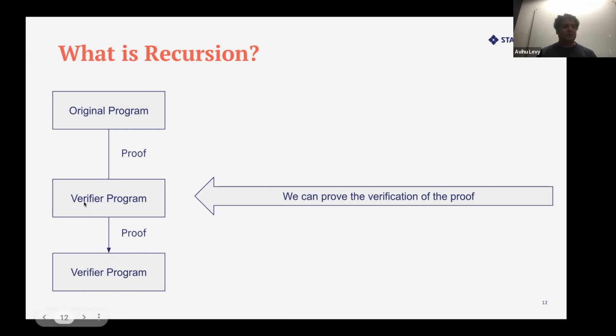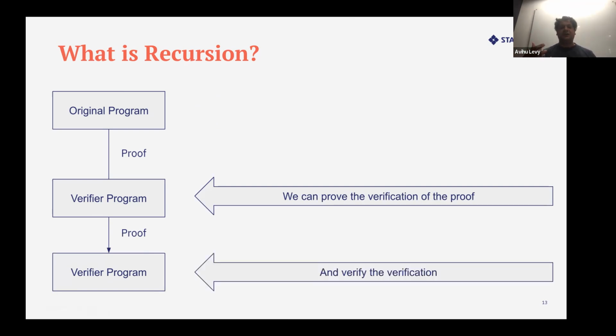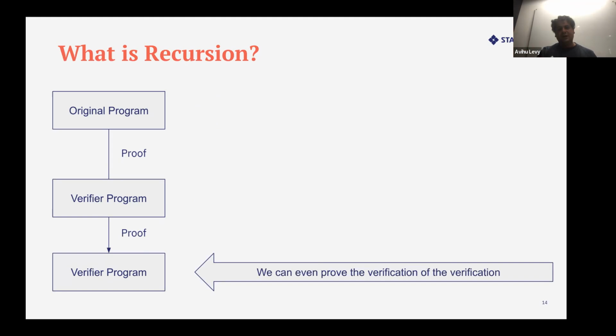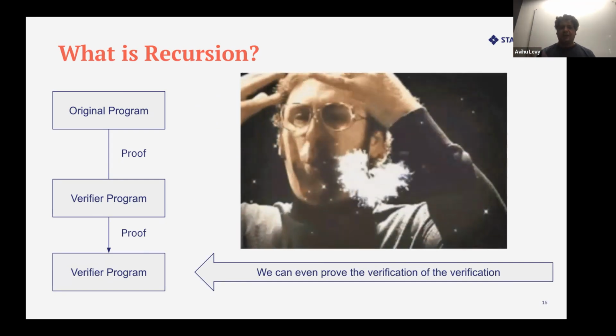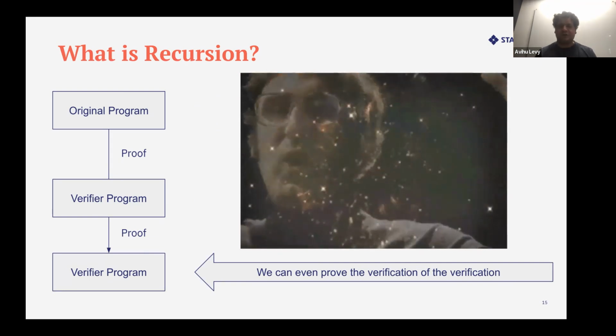So instead of proving the original program, we can also prove the verifier program execution. And once we do that, we can verify the verification of the proof in a second verifier. And it can go on and on. We don't have to stop there. We can also prove the verification of the verification and go deeper and deeper in the recursion.